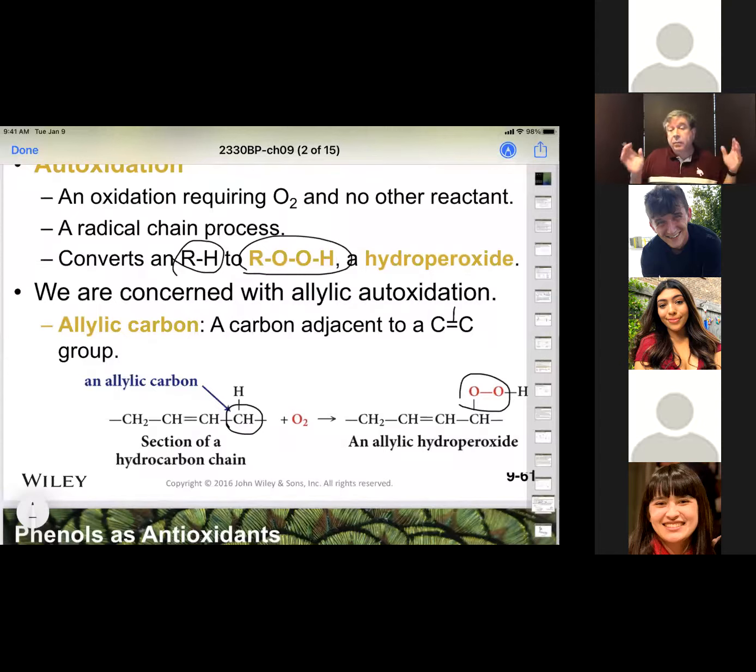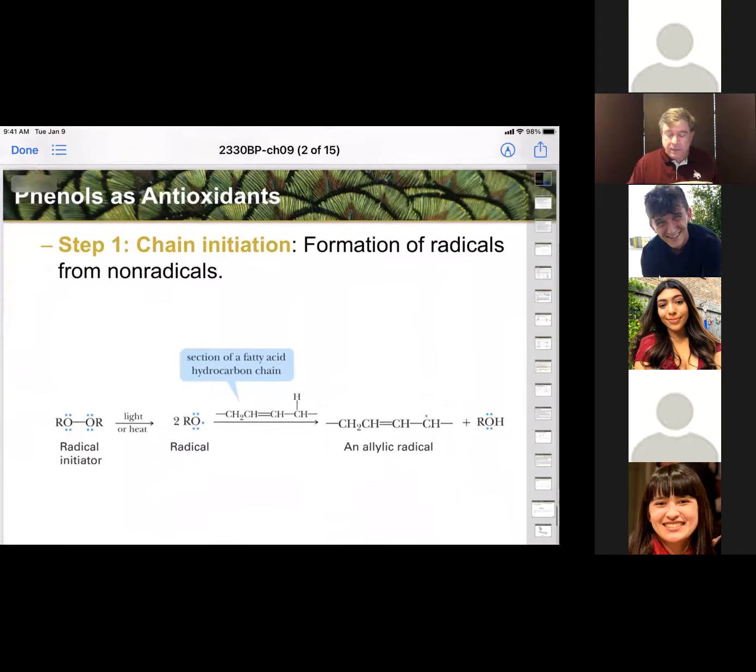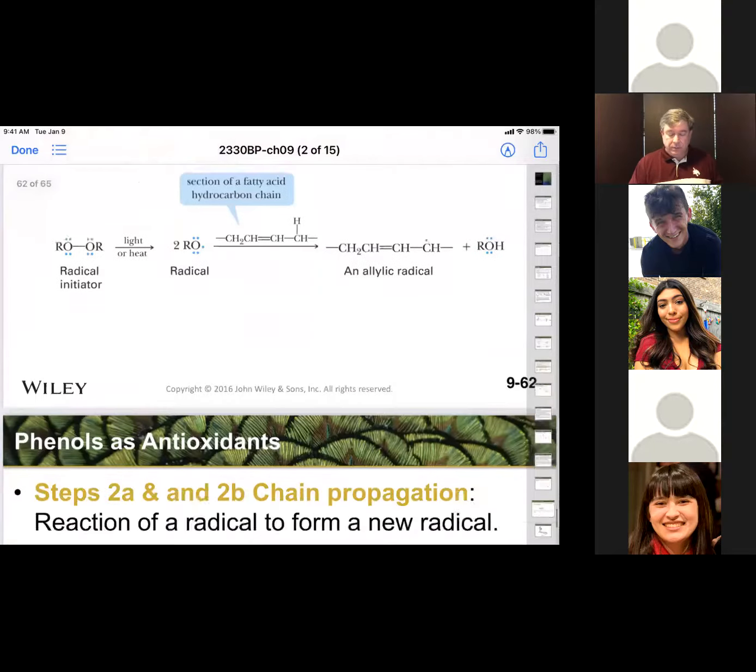Now, technically, peroxides are typically very bad because, number one, in high concentrations they become explosive, they're very reactive, they are thermally unstable. But it's just a natural process in air. So what we can do is use phenols as an antioxidant to keep them from happening.